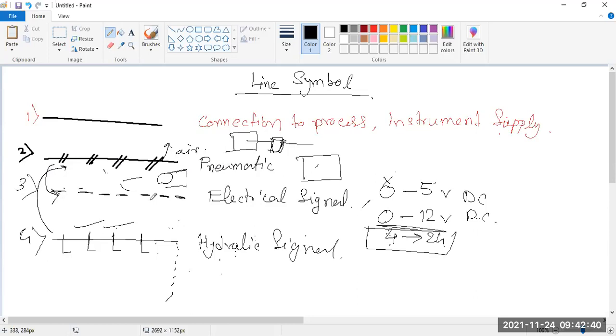But in your industry, the electric signal is applicable only for your control system. Okay, control signal. But whenever you have to open your valve actuator, if you use electric drives, electric actuator, etc., then the cost is very high, and all the time you have to put some electric field.